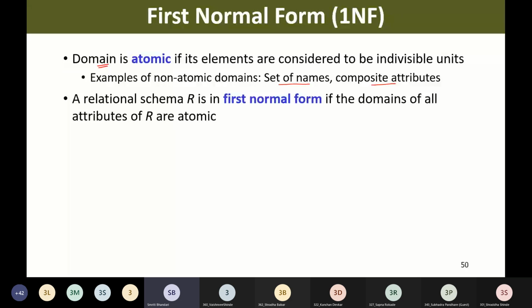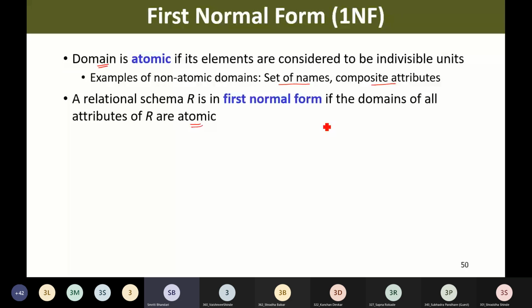We do not prefer to use non-atomic domains. And if a relational schema is in first normal form, then we are having all the attributes with atomic domains.